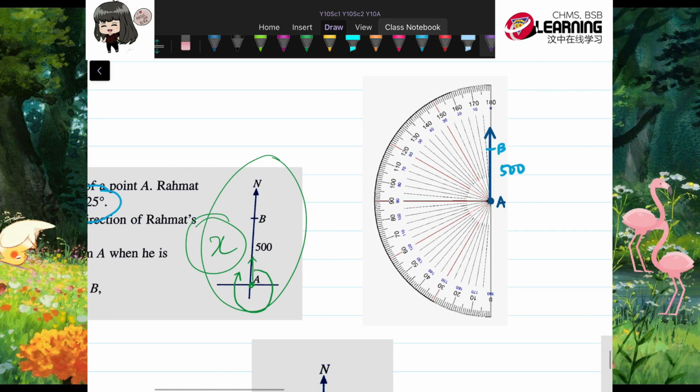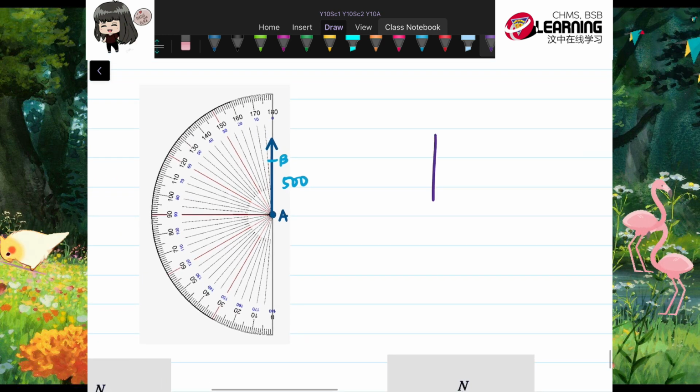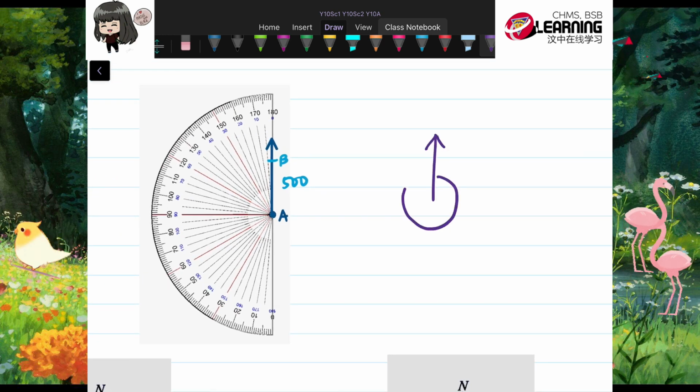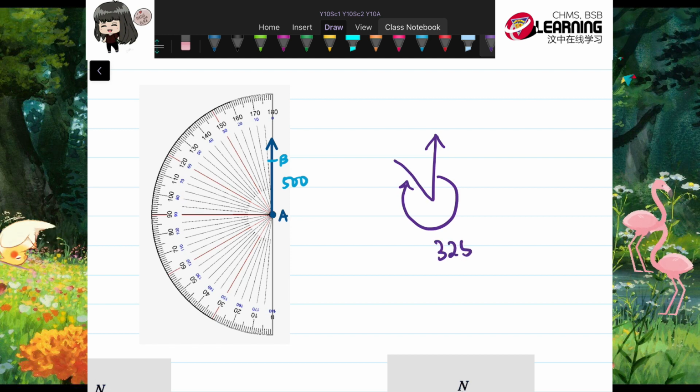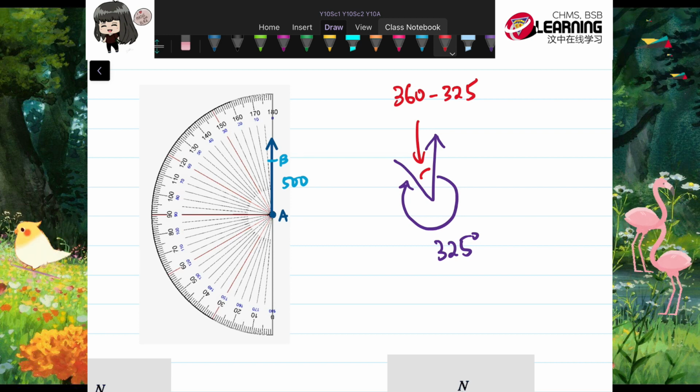So what we're going to do, I will explain to you here. If you want to know 325, you find the angle over here first. So this angle over here is 360 minus 325, which is 35. So this angle over here is 35 degrees.